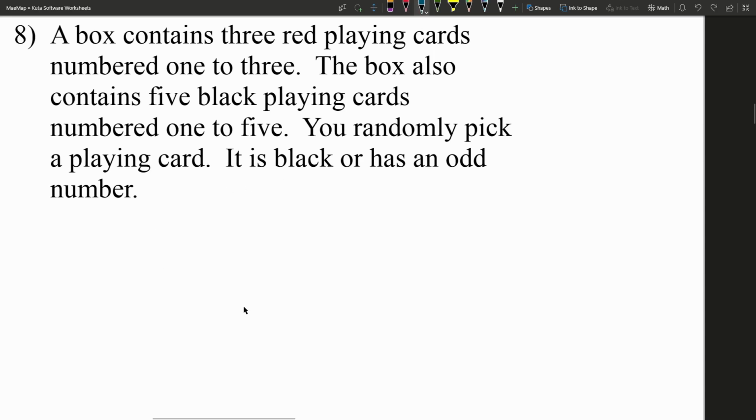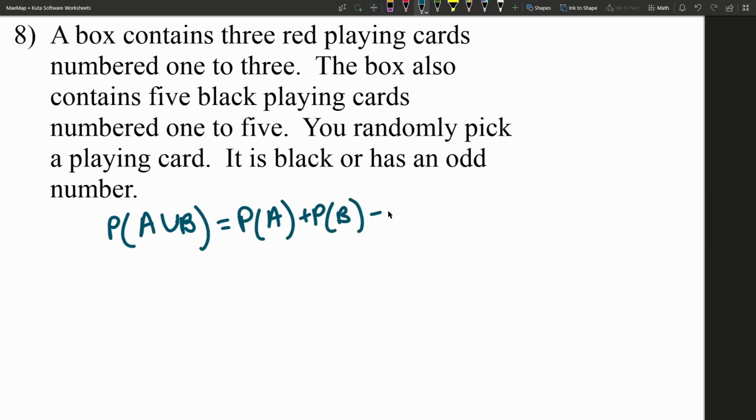So how do we solve this? It's going to be the probability of A union B equals the probability of A plus the probability of B minus the probability of A intersection B, because they are not mutually exclusive. That intersection is not 0. So we're going to have to calculate for that.